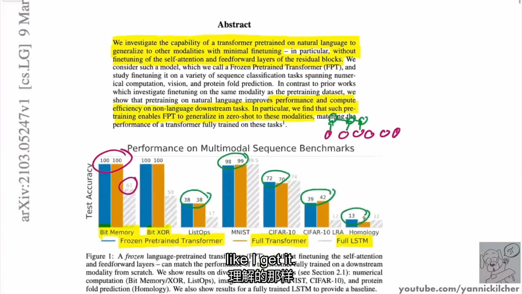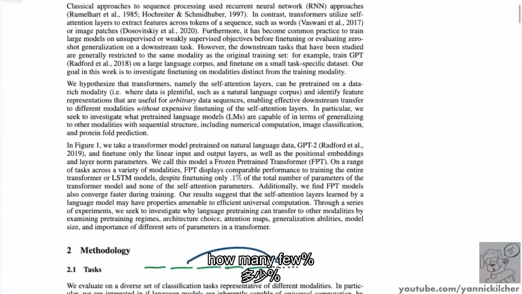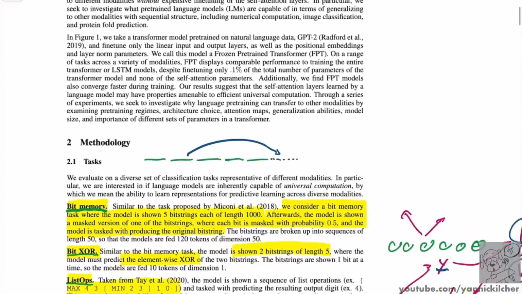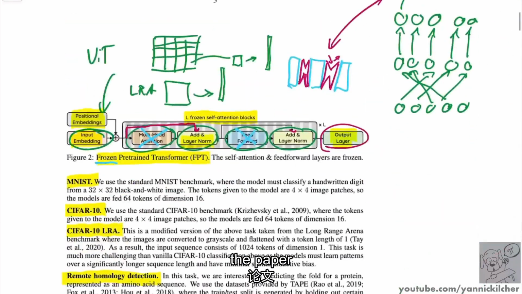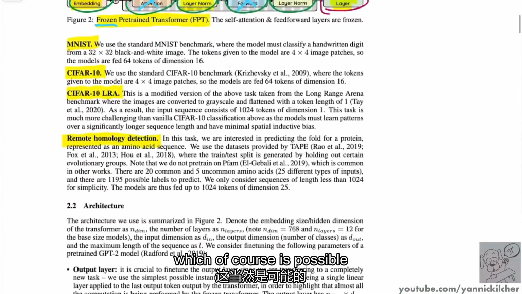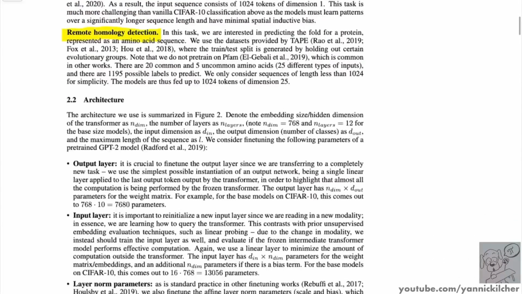I get it, you pre-train, whatever, and only fine-tune 0.1% of the total number of parameters of the transformer model and none of the self-attention parameters. I don't think it's entirely fair to call this zero shot, unless I've completely overseen and misread the paper, which of course is possible because I'm just one person reading a paper.